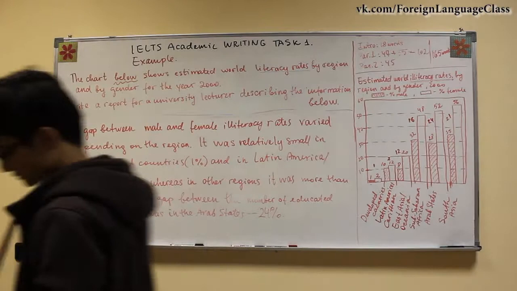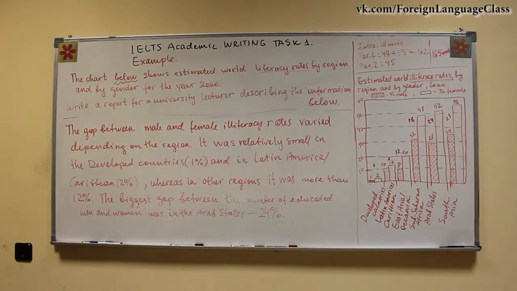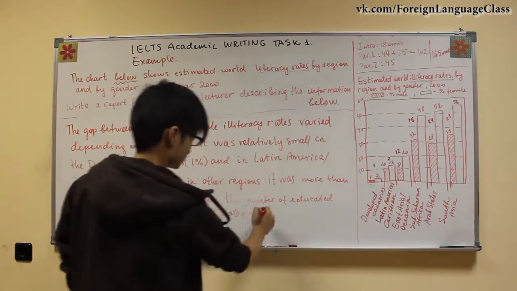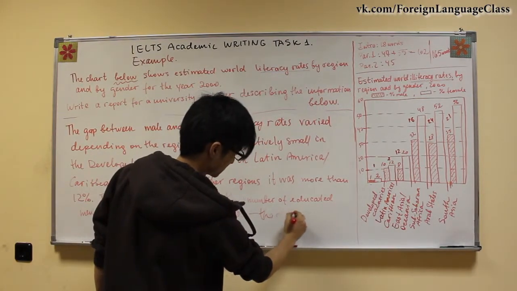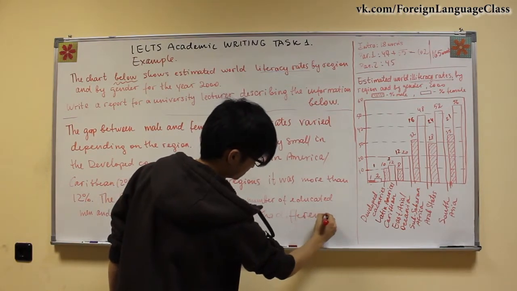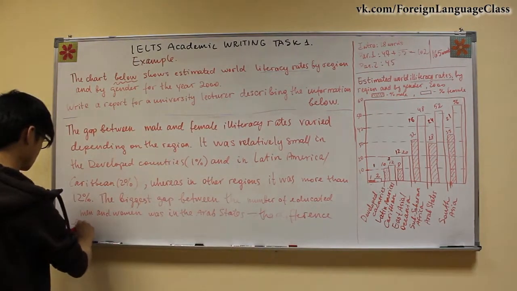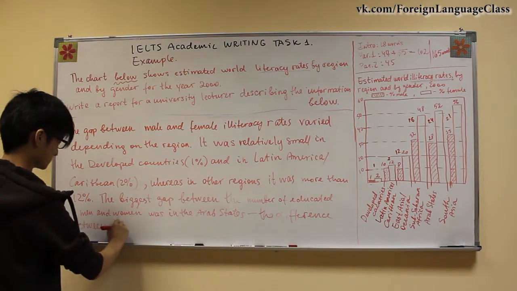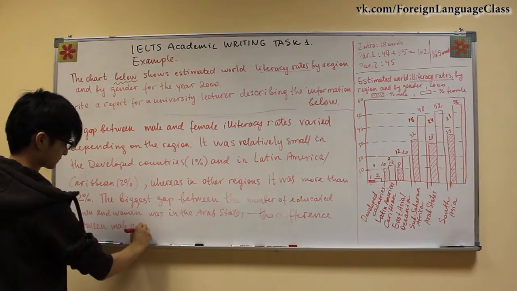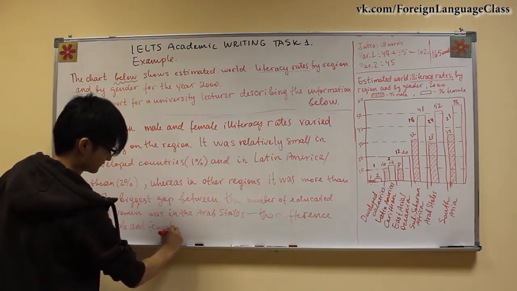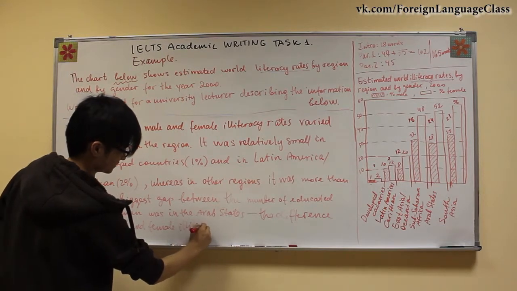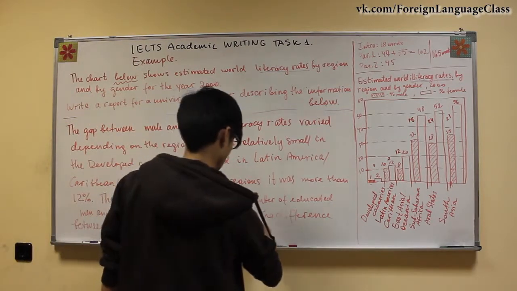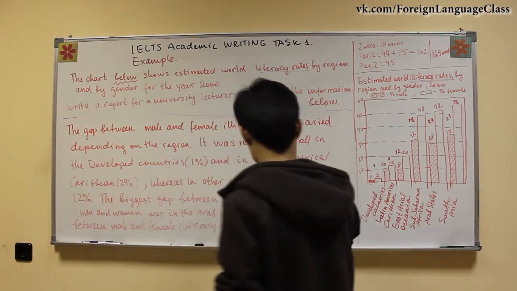Okay, 24% is not the gap between educated men and women. We should write the difference between male and female illiteracy rates was 24%.